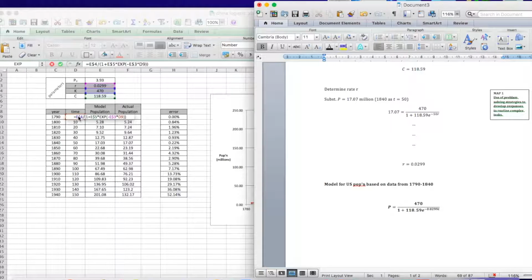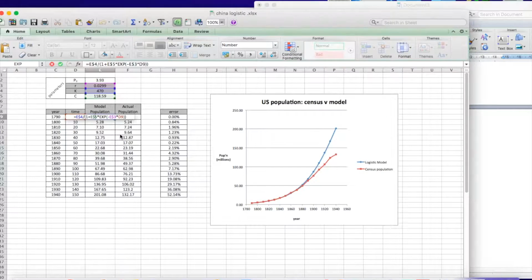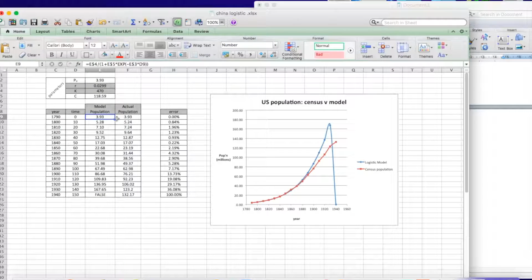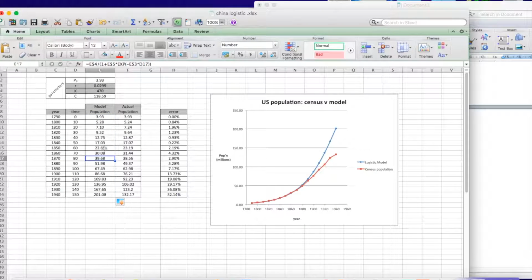Now if you have a look at everything in this formula here, you can see all the parameters, E4, E5, E3, all these things here, they're all fixed or anchored, and we do that using the dollar symbol. The reason we need to fix or anchor them is to make sure that as we apply this formula down through the column in this way, in each row these parameters are still coming from the same place, so they're fixed.